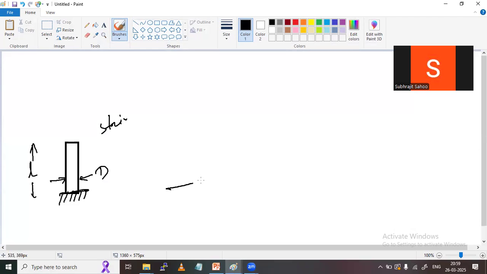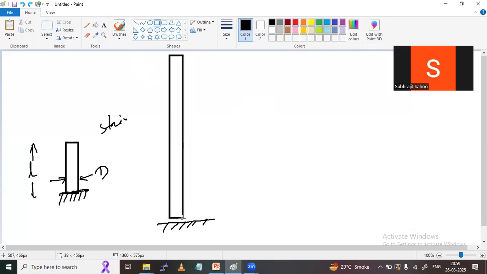What I will do in the next attempt: the same diameter I will keep, but this time one end will be fixed and the length is, suppose, 10 times or more than the previous one, a very big length.